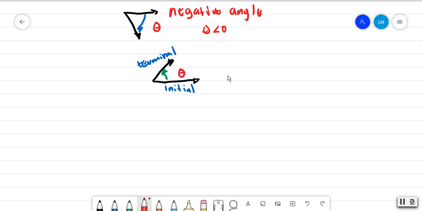So theta is in the direction of the terminal side. Now, normally we do tend to name where the two rays meet, so for example, you can call this vertex A. But normally you may not even think about it that way, which I mean it's all the same.